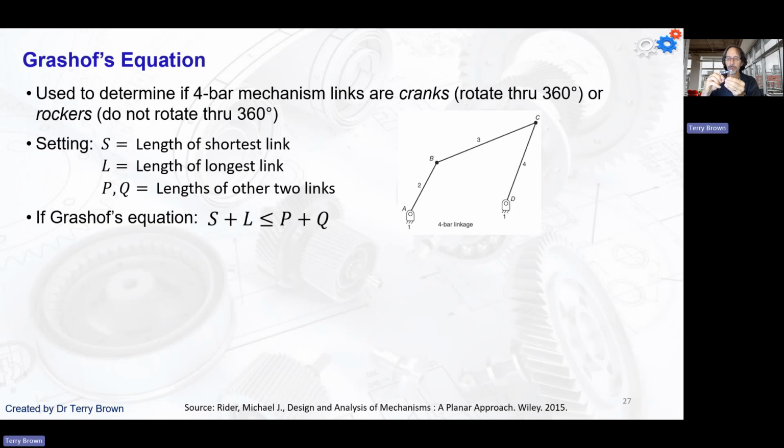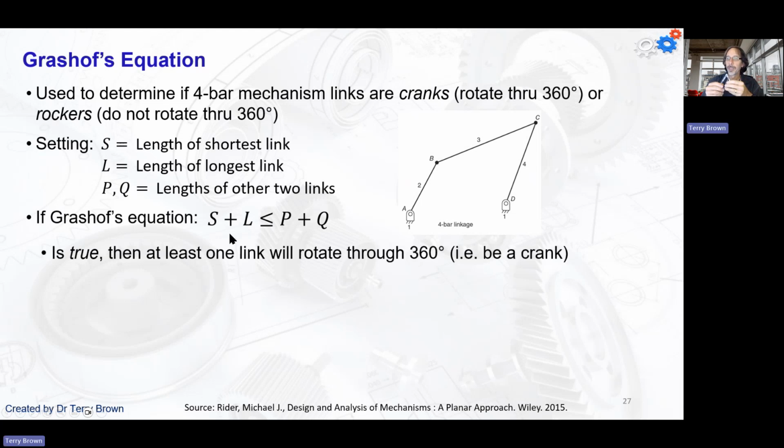If you wanted to do some calculations to work it out, you can use Grashoff's equation or Grashoff's criterion, which says if you've got a 4-bar linkage, if you do the sum of the length of the shortest and longest links and compare that with the sum of the lengths of the other 2 links, if this relationship is true, then at least one link will rotate through 360 degrees relative to the others, right?